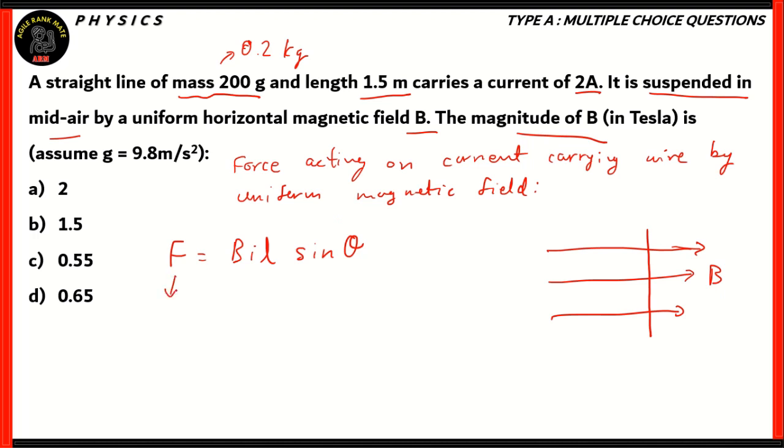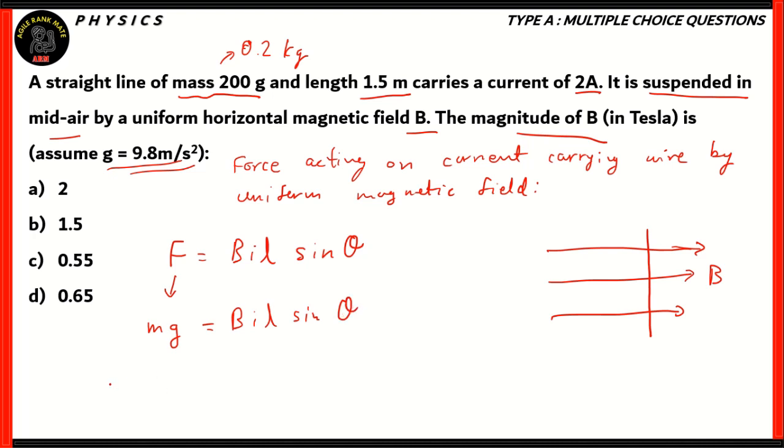So basically, the force in this magnetic field is equal to the weight of the straight line. And weight is mass times acceleration due to gravity. Hence, the provision to use g equals 9.8. Now, the right-hand side stays the same, BIL sine theta.